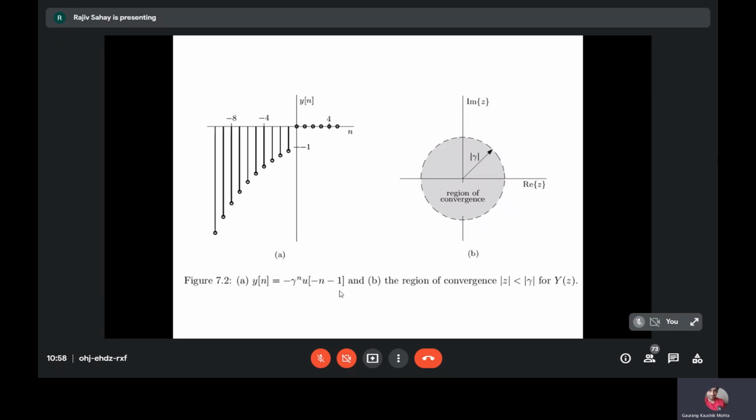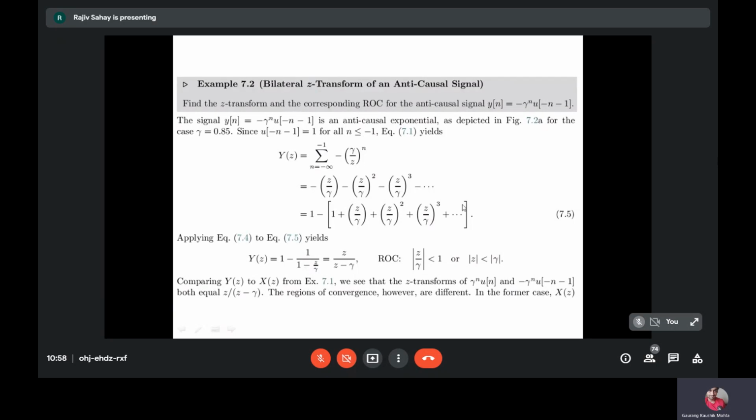So this sequence has all negative values, minus gamma to the power n. This is an anti-causal exponential for the case gamma equal to 0.85.